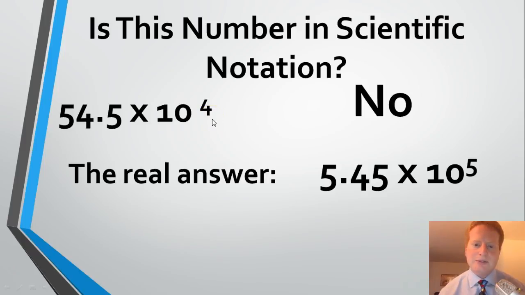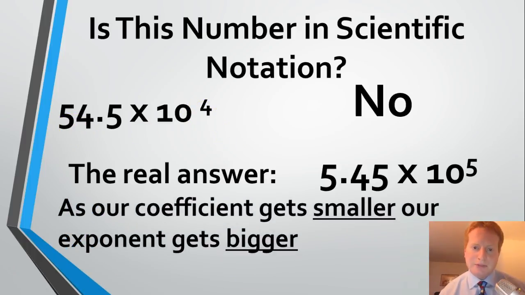They do the opposites. The other very important thing is not only does it get bigger in this case, but it also gets bigger by how many steps that you moved. So for example, we went one space over, we got one space smaller on the coefficient, and so our exponent got one space bigger. So again, they do the opposite of each other.